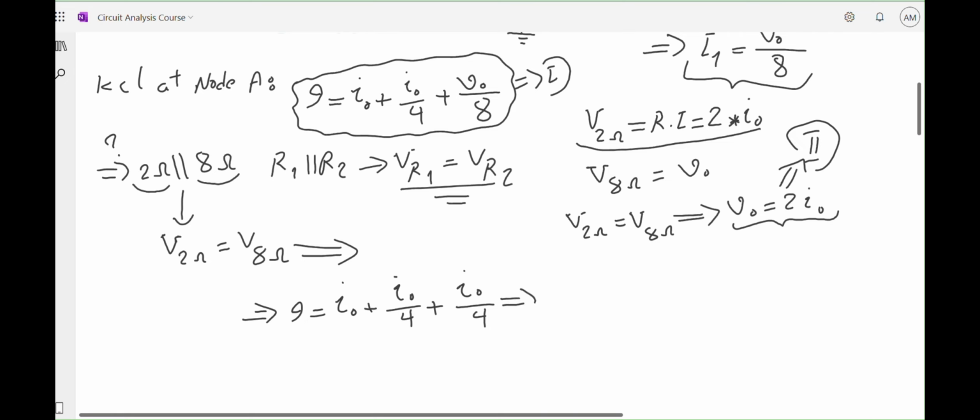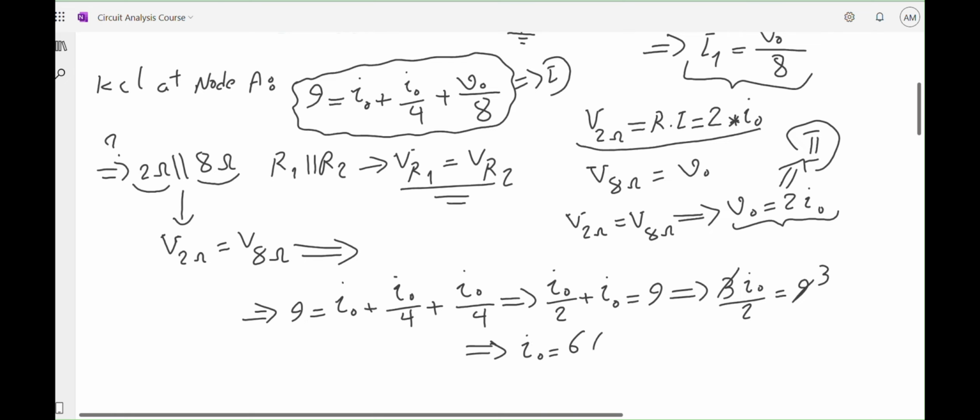That would be IO over 2 plus another IO here equals 9. That would be 3 times IO over 2 equals 9. If I cross out 3, I have 3 at the right side, and IO becomes 6 amp.